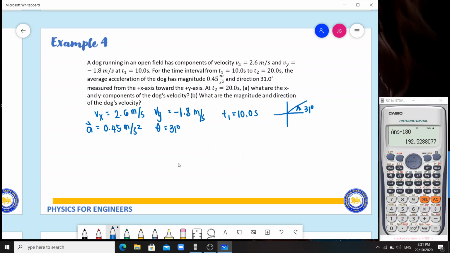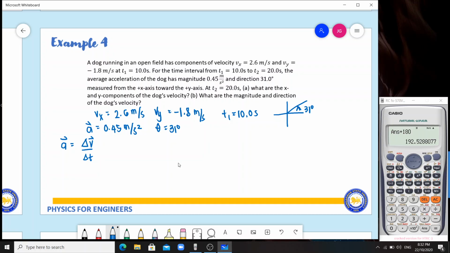So, paganyan siya. Now, meron tayong average acceleration. Ang hinahanap ngayon is at t2, 20 seconds, what are the x and y component? So, we all know that the average acceleration is a result of the delta v over delta t, di ba? So, meron tayong delta t na 20 minus 10, so walang problema. And then, delta v, meron tayong v1.